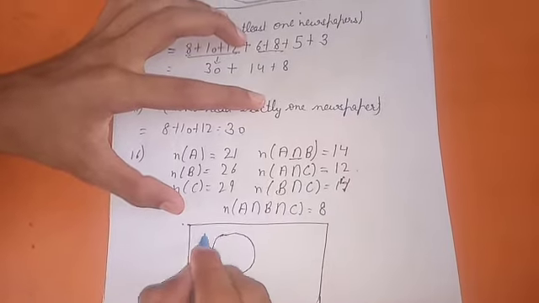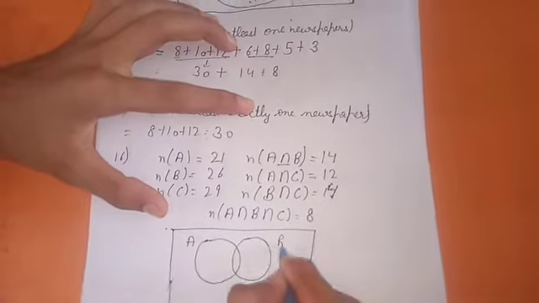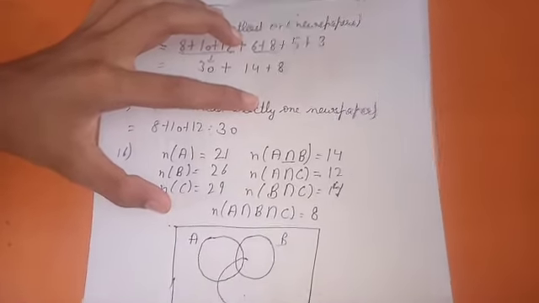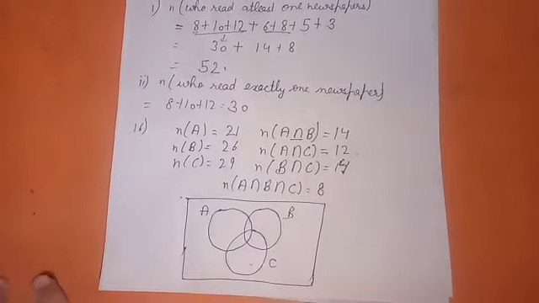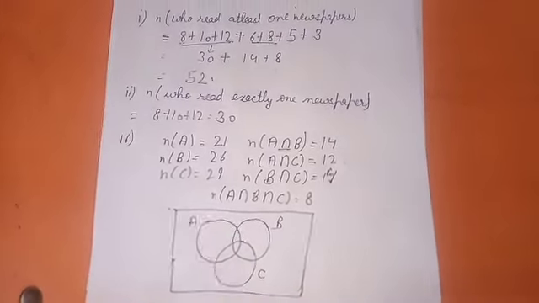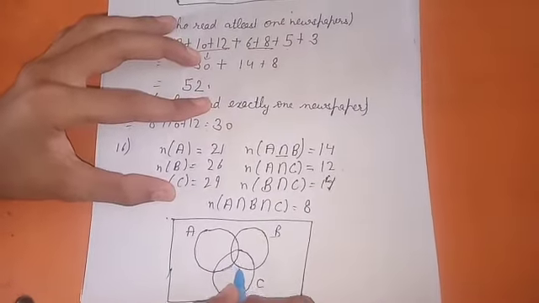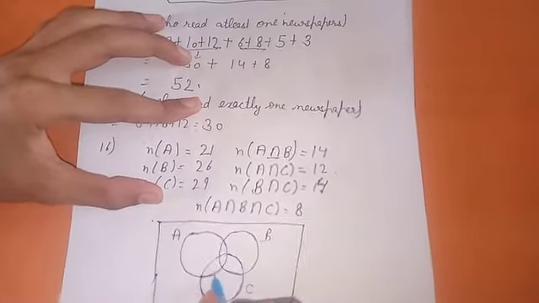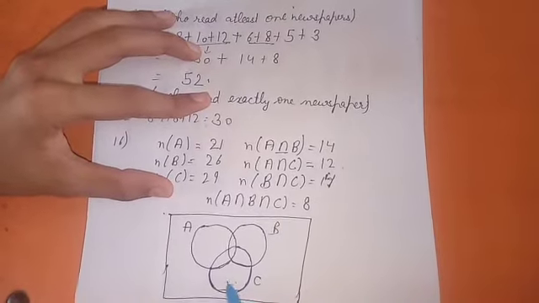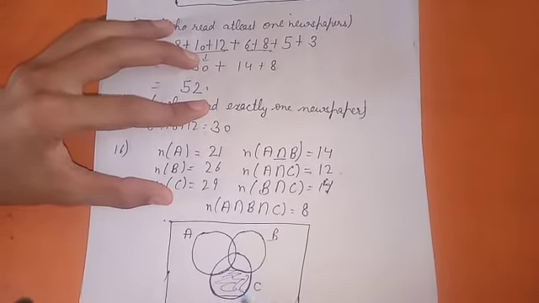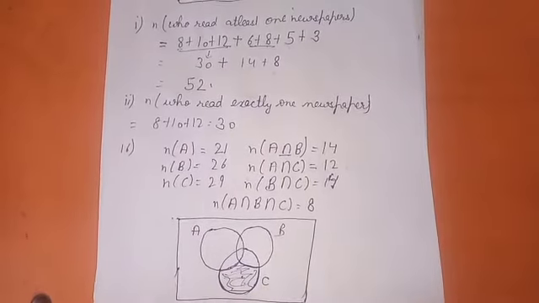This is the set of people who like product A, this for product B, and this for product C. In the question they have asked how many like product C only, meaning the number in this region, which is not common with A or B and is only in C. The shaded region, whatever you write there, will be your answer. It's your homework to find it out.